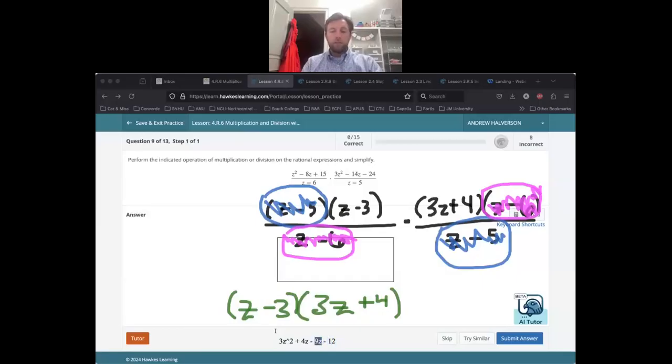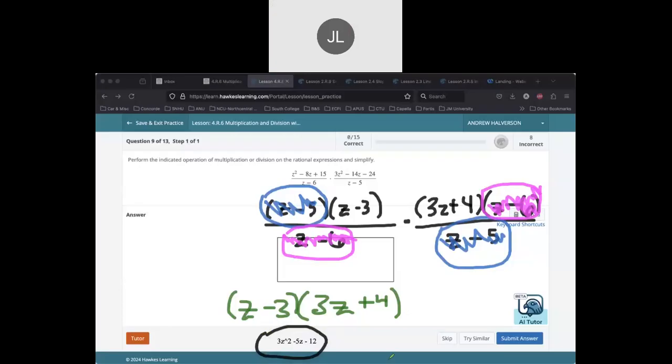So clean this up. Plus 4z minus 9z is minus 5z. So this would probably be the answer I would do right here: 3z squared minus 5z minus 12. But the key to this one is factoring. Factor the top and bottom so that you can cancel out some factors.